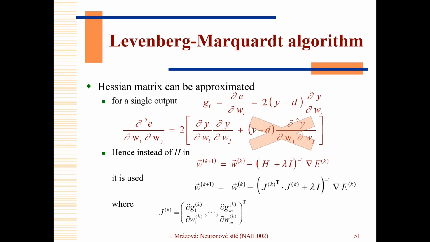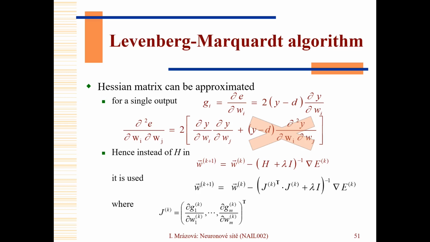So for a single output, we would get the value for Gi as the derivative of the error at the output with respect to the weight Wi. And for the weight in the output layer, we would obtain the expression as 2 times y minus d, the actual minus the desired output, times the derivative of the actual output y with respect to the weight Wi.